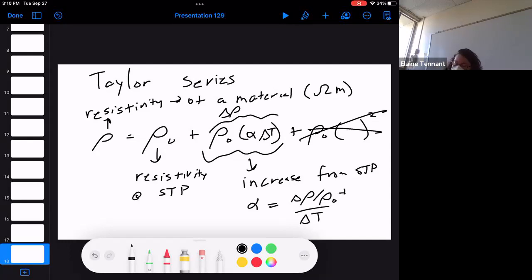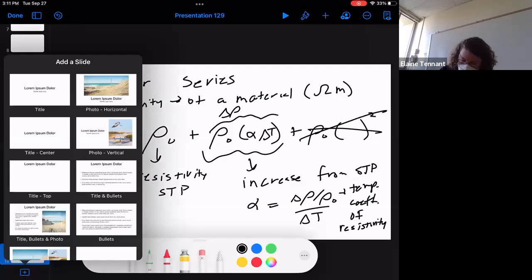But this is known as the temperature coefficient of resistivity. And this is a property that you look up again. So you look up the alpha for copper or the alpha for aluminum. Okay. So first off, does that sound okay? Okay, so this is resistivity with respect to temperature.